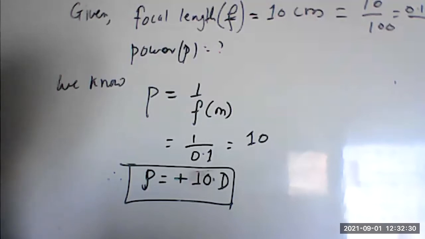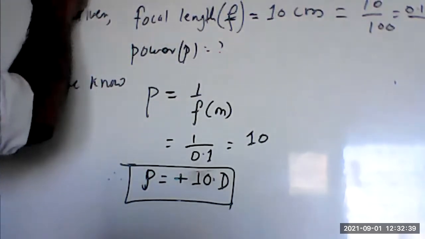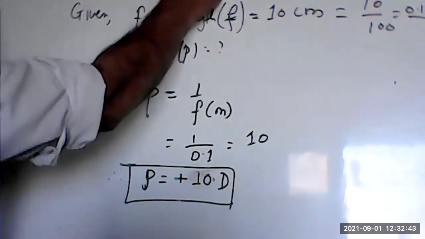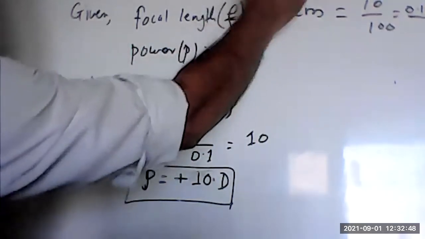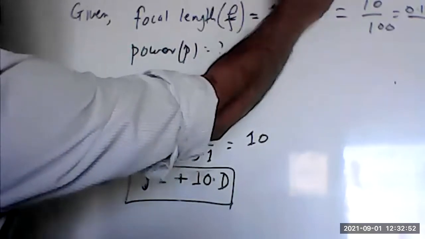OK friends, I'll write one question here. The power of a lens is plus 20 diopter.